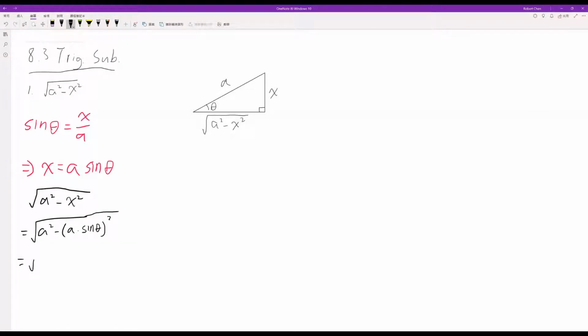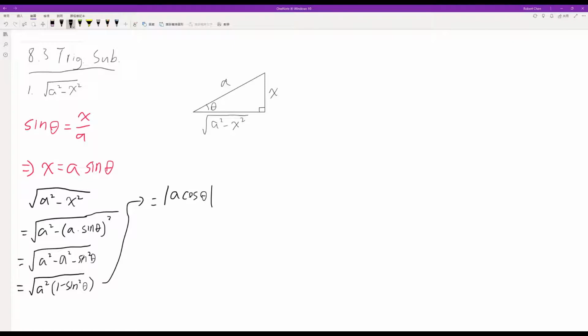Which will give us a squared minus a squared sine squared theta. Right? And then we can simplify it by factoring out a squared times 1 minus sine squared theta, which is equal to the absolute value of a cosine theta.